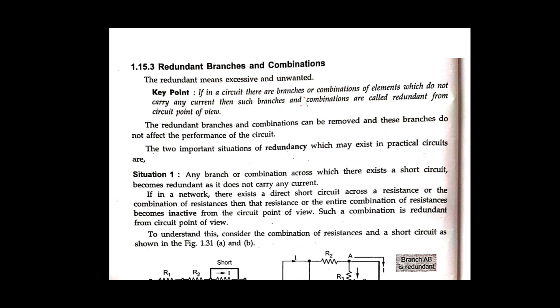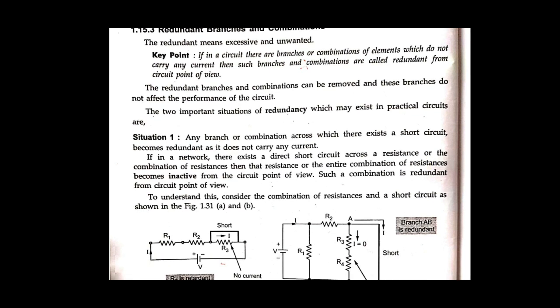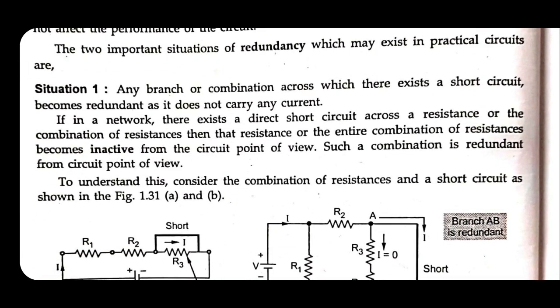But there are two important situations of redundancy which may exist in practical circuits. Situation number 1: any branch or combination across which there exists a short circuit becomes redundant, as it does not carry any current.